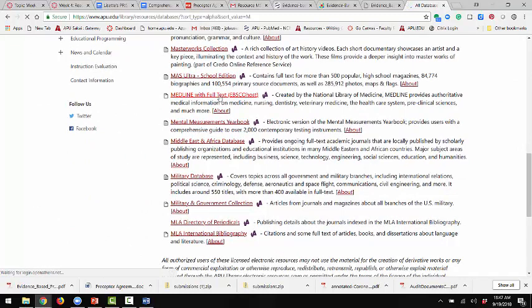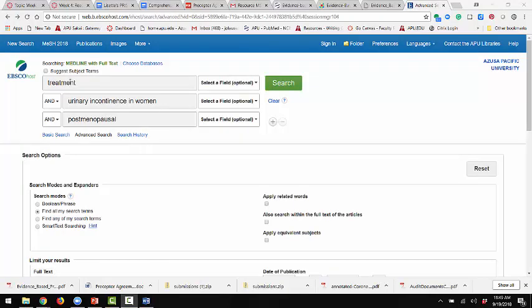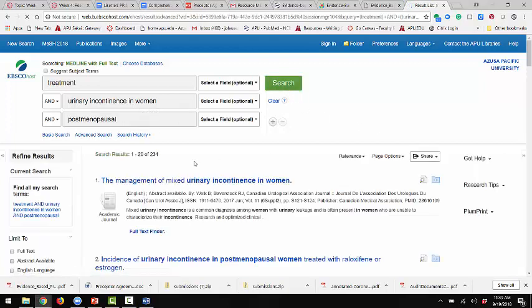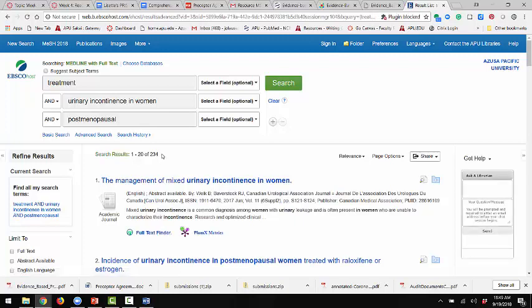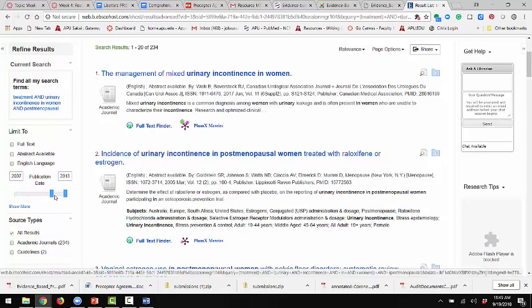So we'll go there, and it'll bring us up to this page and ask us to put in our keywords. We'll put in the keywords here: treatment, urinary incontinence in women, and postmenopausal. Click search. We come up with 234. That is too many. So what we can do here is put in some filters. Let's look at just the last 10 years here, 2008.